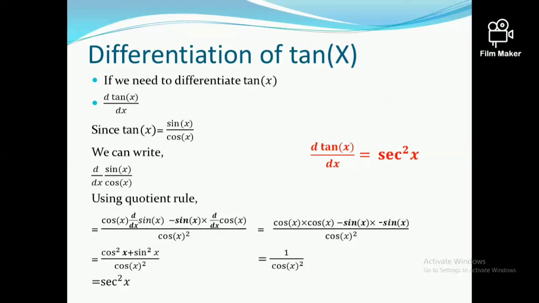That is also well explained in the topic trigonometry. For the moment, if you don't know, just remember that it's sec x. Therefore, 1 over cos squared x is called sec squared x. So the differentiation of tan x becomes 1 over cos squared x, or we call it sec squared x.